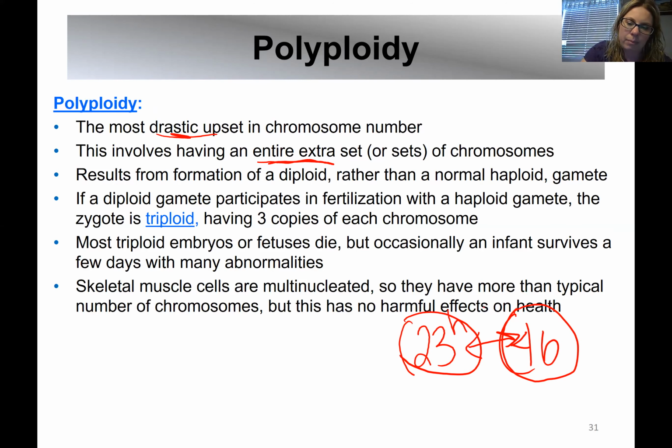This is what we call haploid, and this is what we call diploid. If we put them together, 1 plus 2 would give us 3N or triploid, and you'd have 3 copies of each chromosome. Typically this would result in a miscarriage, but sometimes an infant can survive a day or two, but they're going to have a lot of abnormalities and will not survive long term.